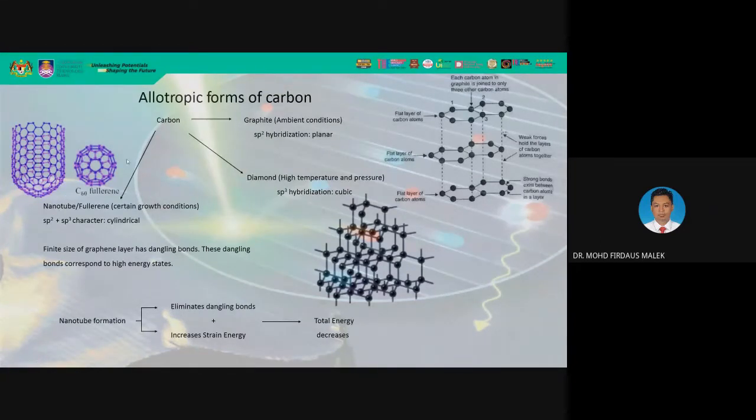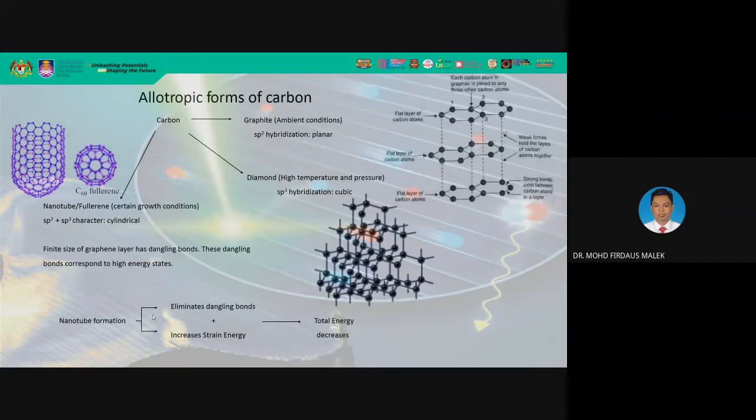And then the third one is nanotube or fullerene. This one is a combination of sp2 and sp3 character, in a cylindrical shape. For this topic we will focus more on the nanotube formation.